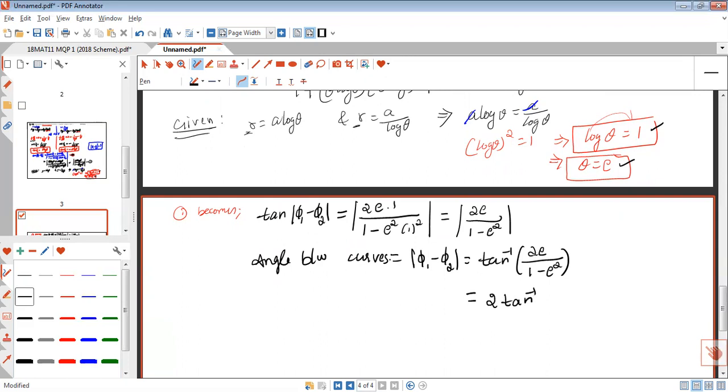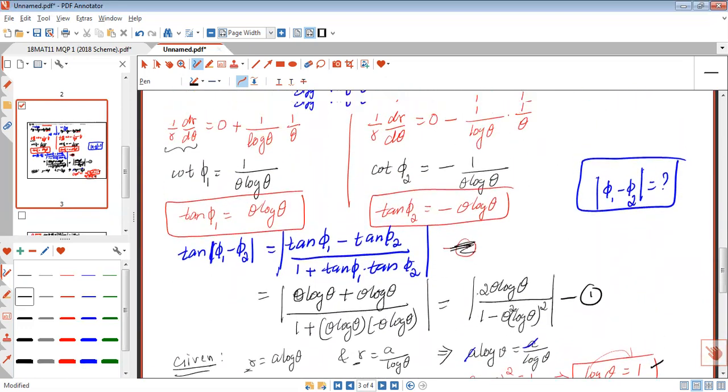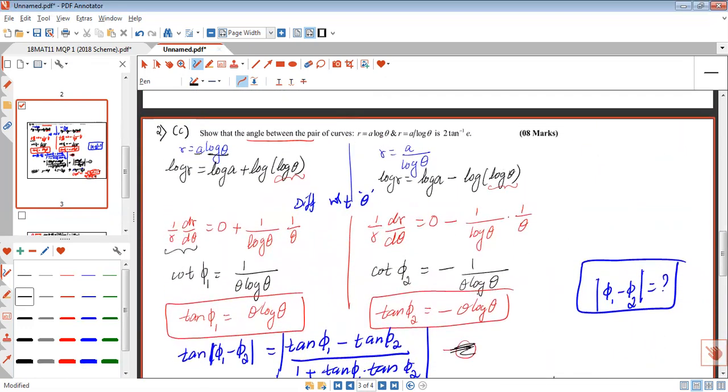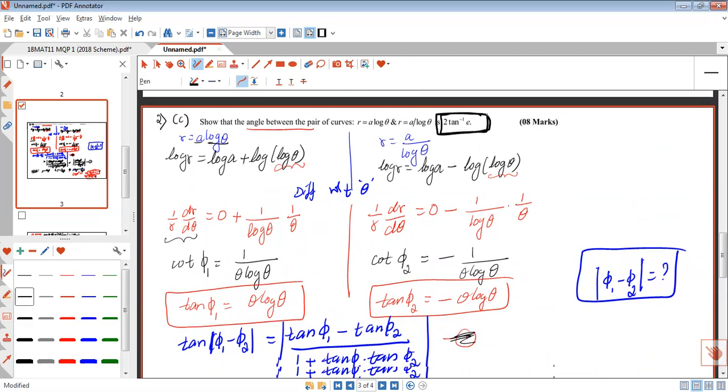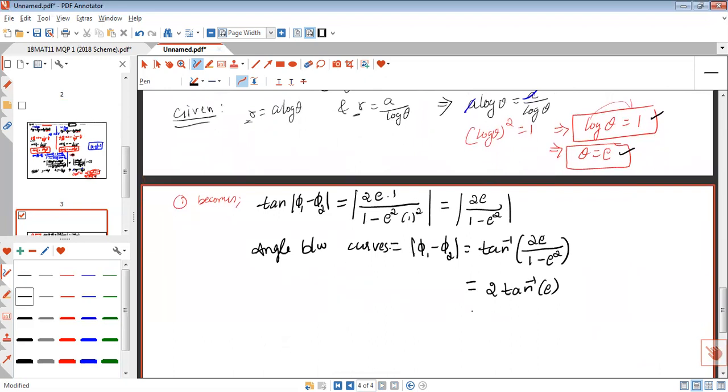The value is tan inverse 2x divided by 1 minus x square is 2 tan inverse x, where x is replaced by e. So 2 tan inverse of e. So the angle between the curves is 2 times tan inverse e, which is the final answer.